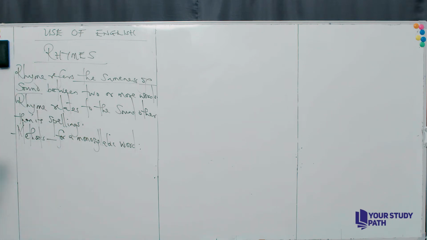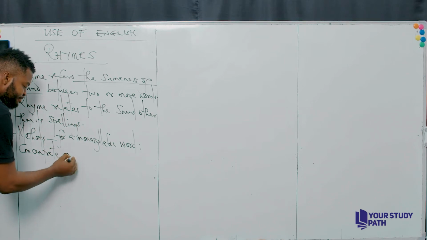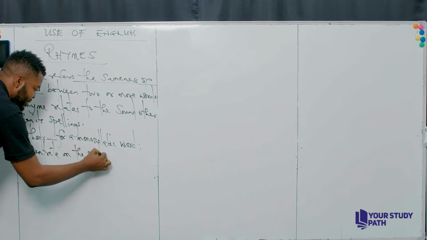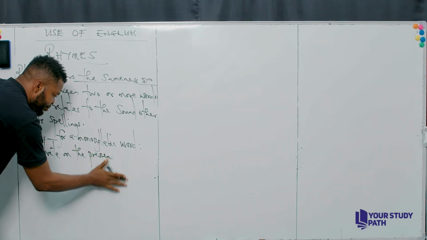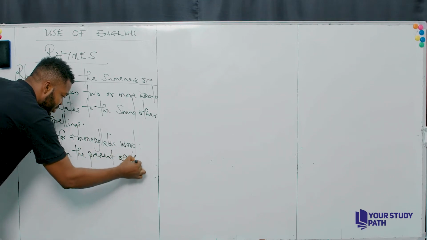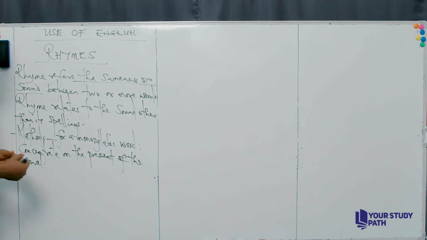So method one, the first method, is for a monosyllabic word: concentrate on the presence of the vowel.